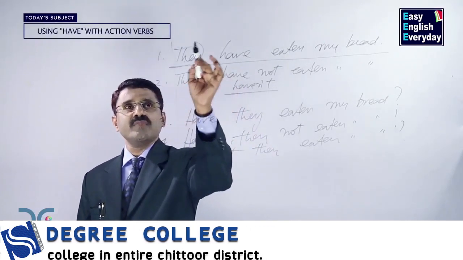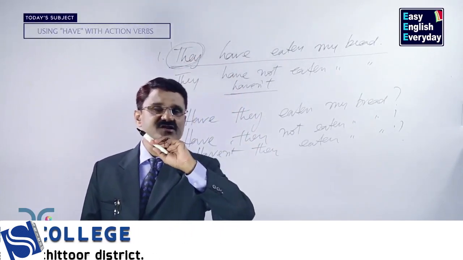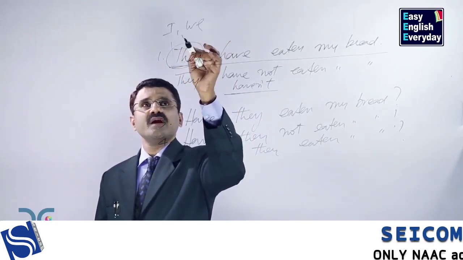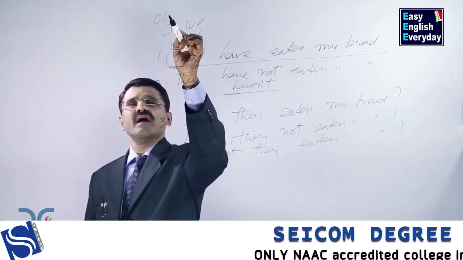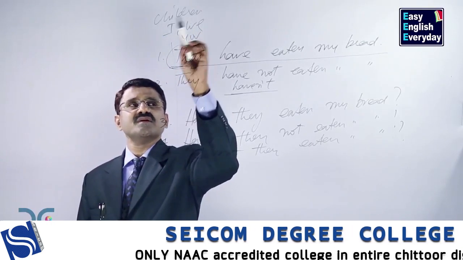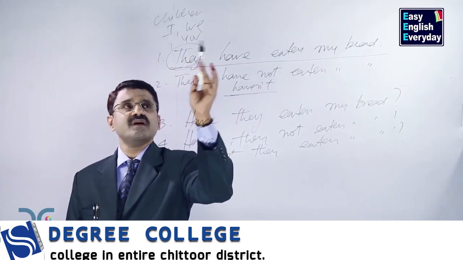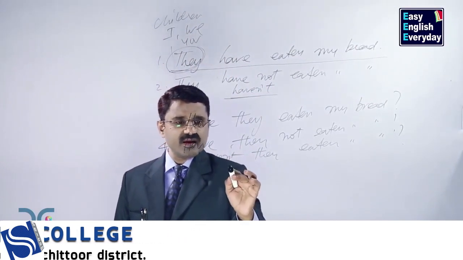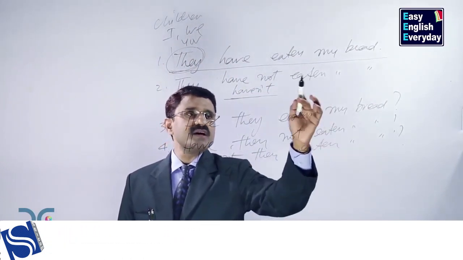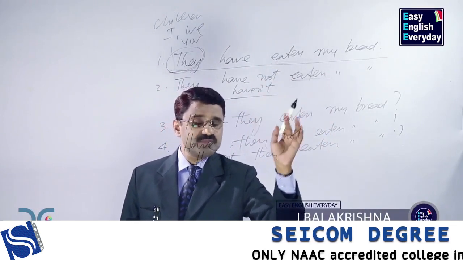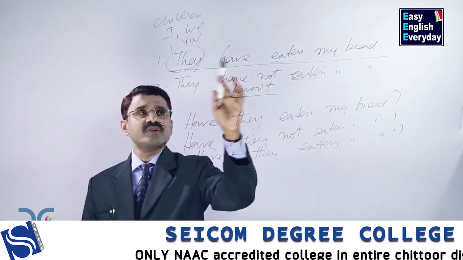So after you make some 25 sentences with they, replace it with I or we or you or any plural noun like this. Children have eaten, we have eaten, you have eaten, I have eaten. So take different past participle forms of the verbs, put them here.